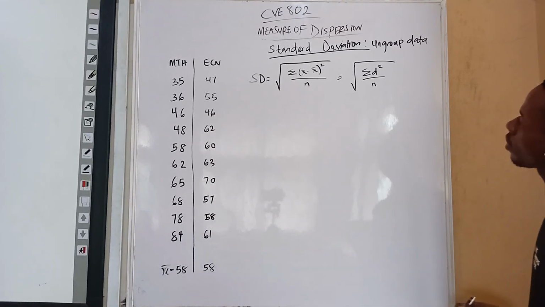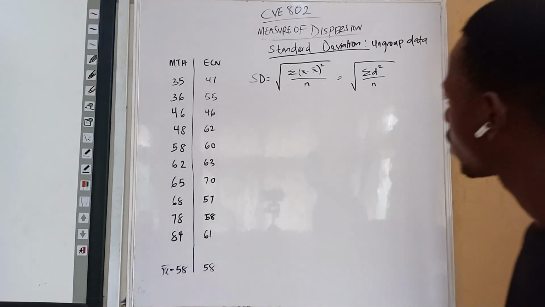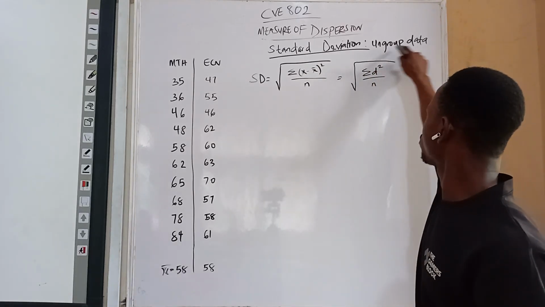This is the formula for calculating the standard deviation for an ungrouped data.